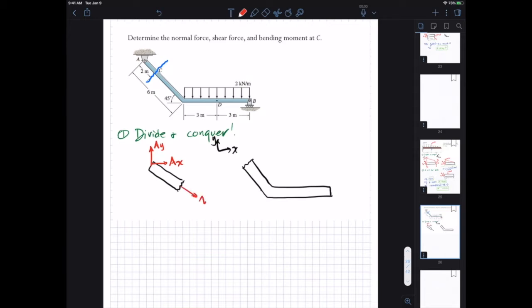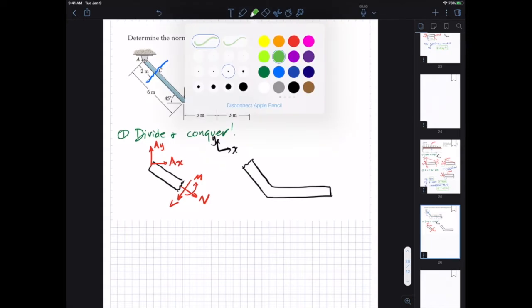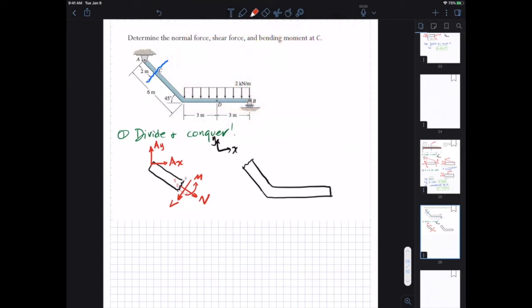So N is still perpendicular, right? Shear is still going to generate, with respect to the face, this kind of a movement. We still want the clockwise rotation for shear, and N is always perpendicular, and then similarly the bending is going to be like this, just like before, where we have the happy moment.